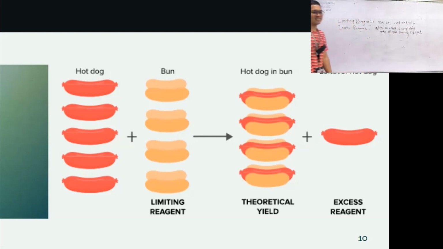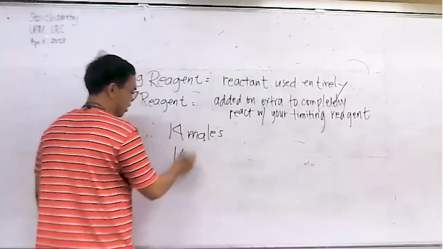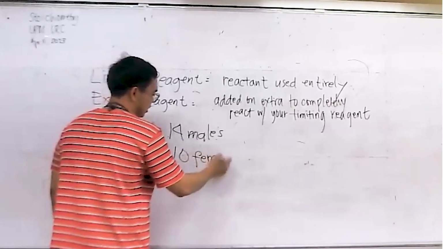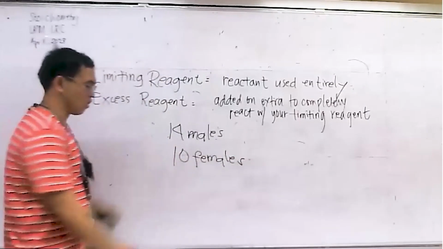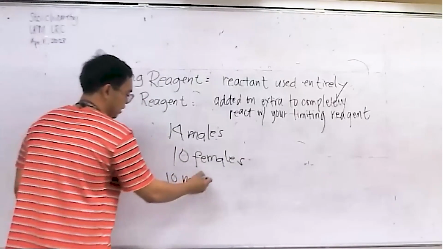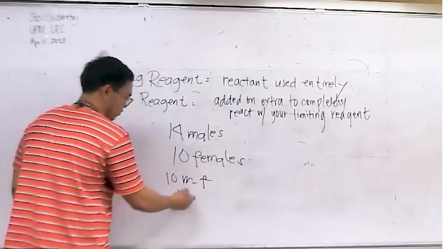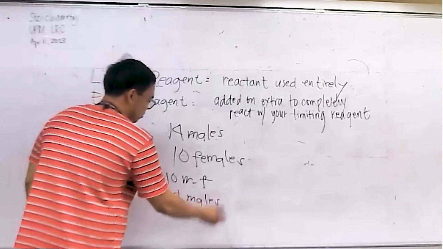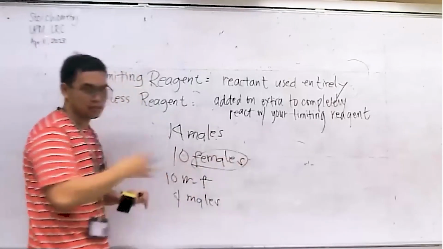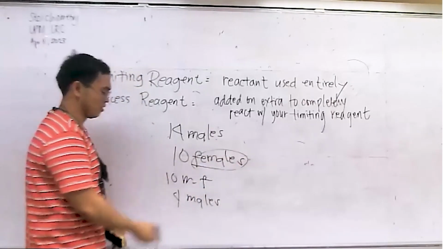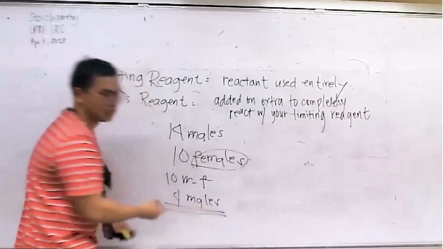Another analogy: you have 14 males at a prom, let's say at a dance, and you have 10 females. When they pair up, you have 10 male and female partners, but 4 males are left over. In this case, the females limit the males who can dance, while you have an excess of males.